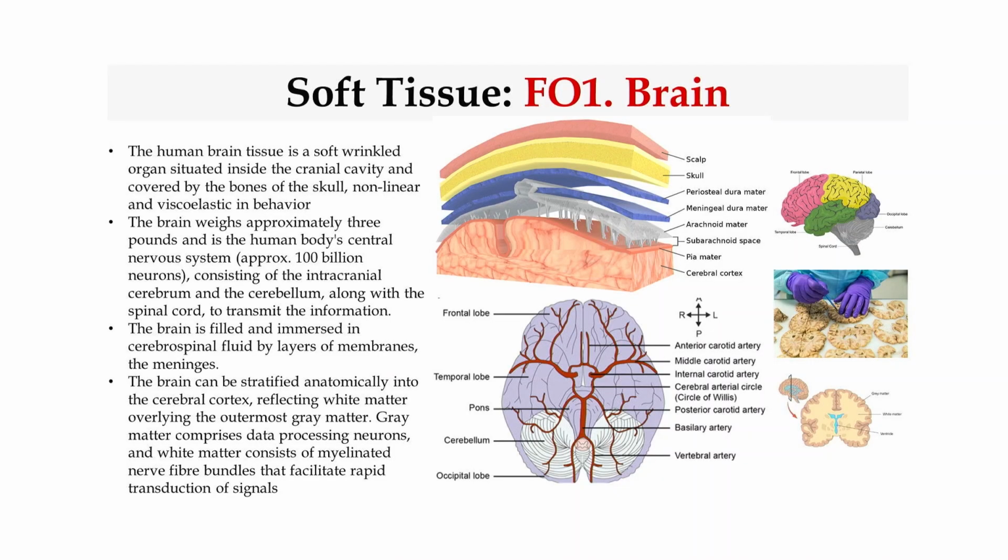So the brain can be stratified anatomically into the cerebral cortex. Stratified means basically cutting along the cross section, what I've just shown in the figure on the middle top, reflecting white matter overlaying the outermost gray matter. Gray matter comprises data processing neurons, and white matter consists of myelinated nerve fiber bundles that facilitate rapid transduction of signals, right?